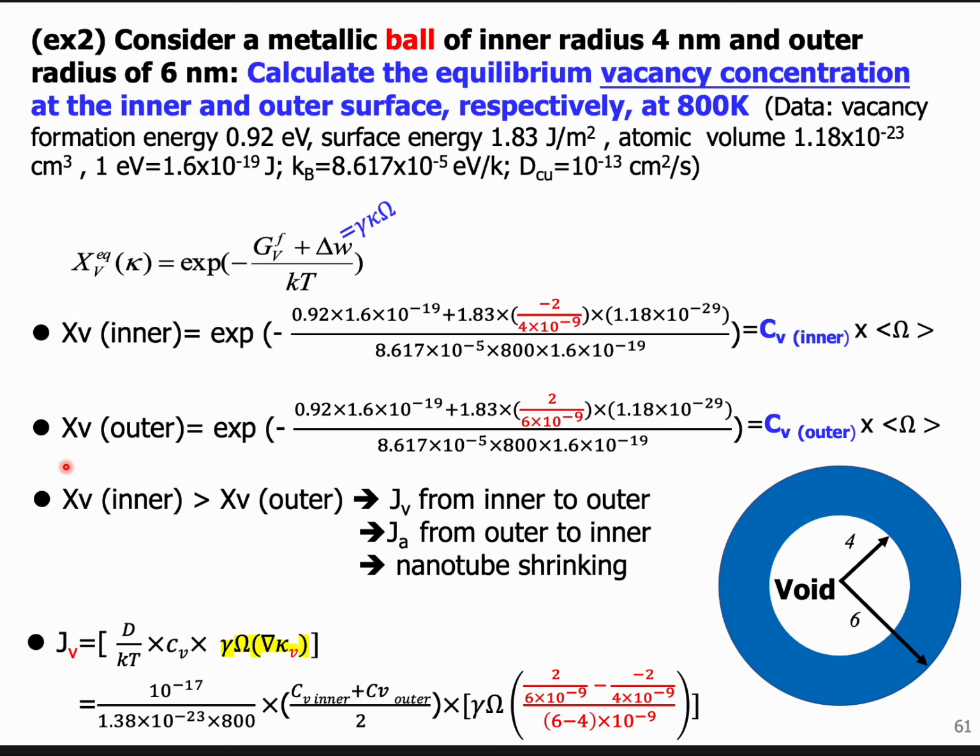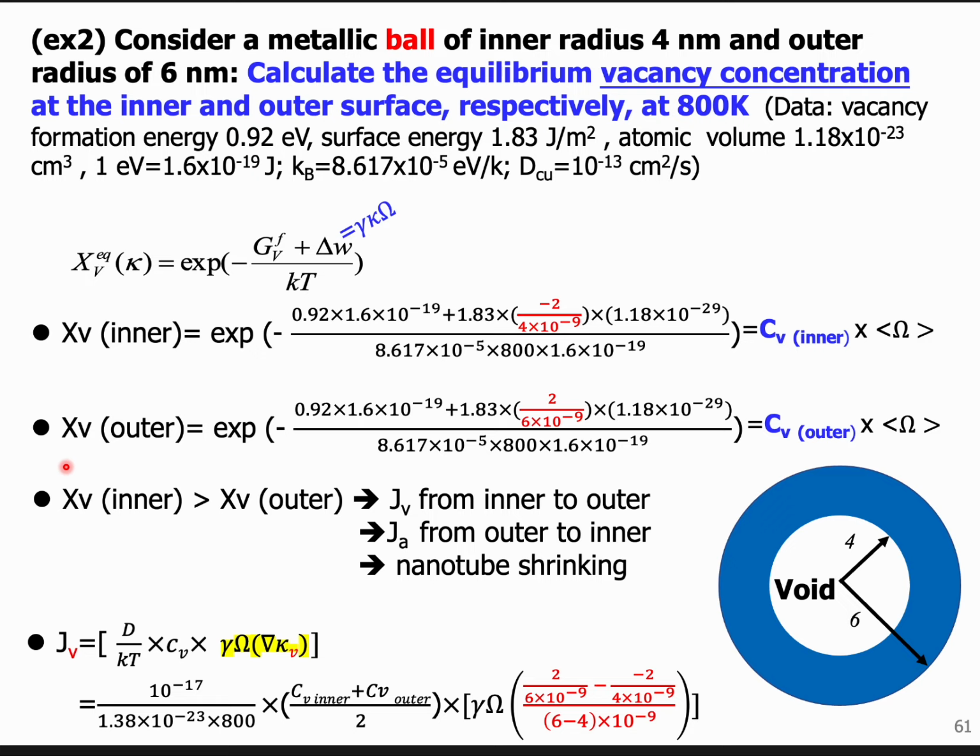We assume mu_V equals a constant. What does mu_V equal to a constant mean? It means the chemical potential of the vacancy is uniform everywhere in this material, right? You already assume mu_V equals a constant. There is no variation of the vacancy chemical potential.